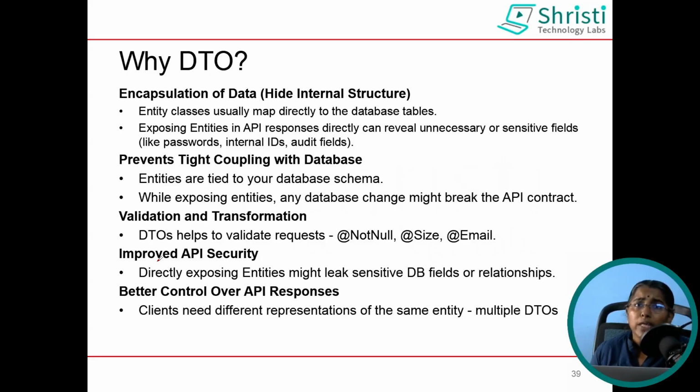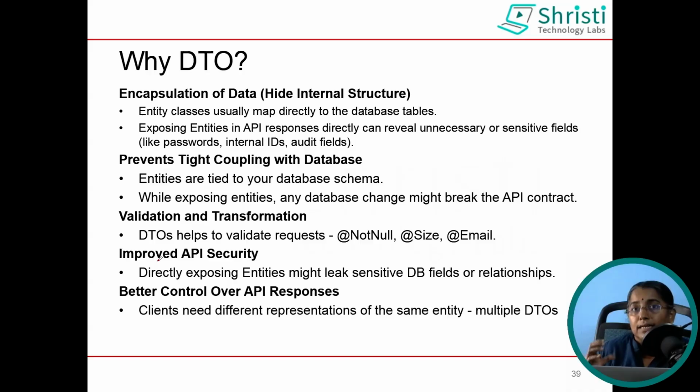Next, improved API security. Already we have discussed, directly exposing entities might leak sensitive DB information. To avoid that, it is always better to use DTO objects. Better control over API responses. There are scenarios where I do not want to send all the properties of a class as API response.